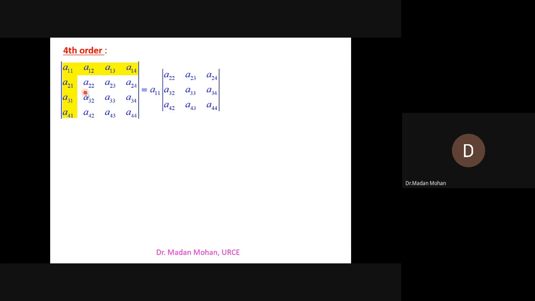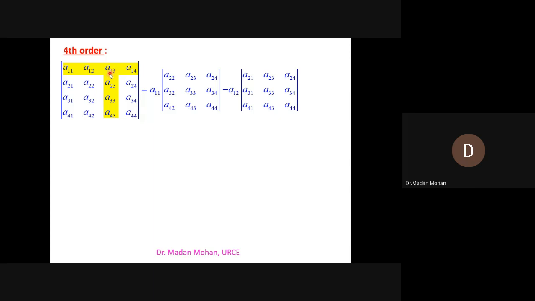Next, take this here: minus A12 into the determinant of this remaining. Next, close this third column. Plus, minus, plus.